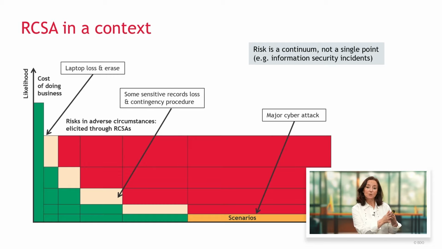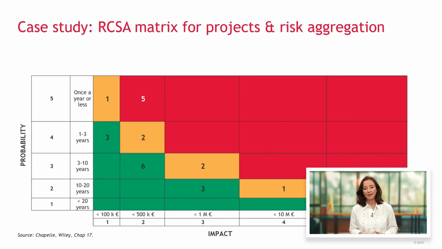The impact is quite minor if the controls like remote erasing and general encryption are well thought through. And then you have the less frequent events, like loss of critical data with some sort of contingency planning, up to the point of cyber attack. So my point is, use these RCSA workshops to link it to real business discussions on what happens, what's tolerated, and what needs to be further taken care of.